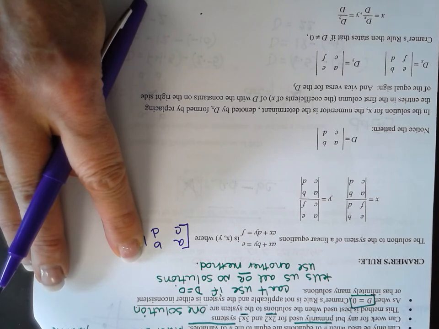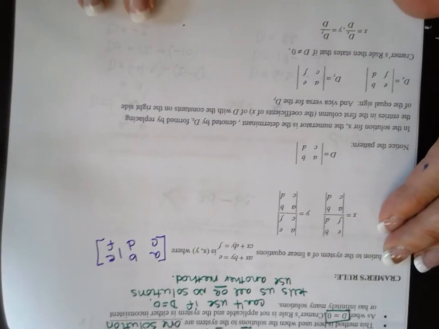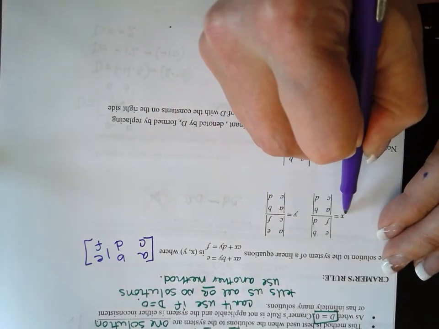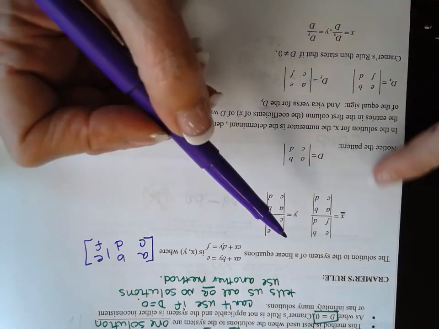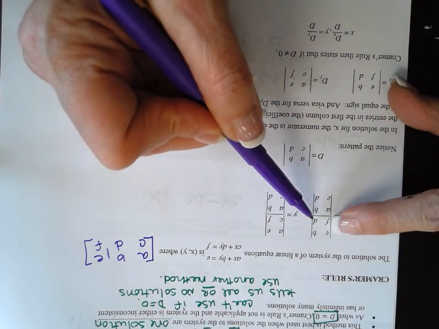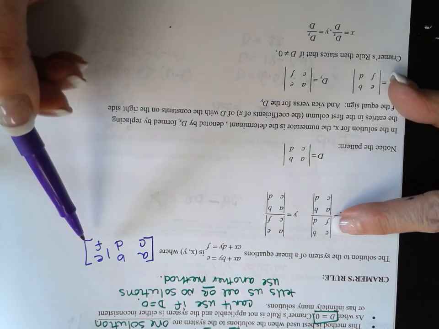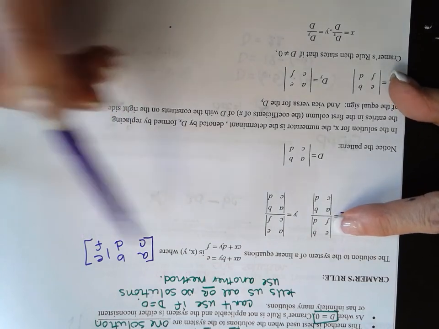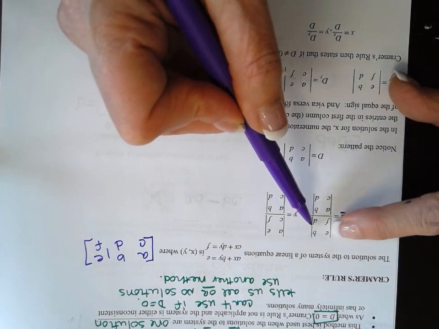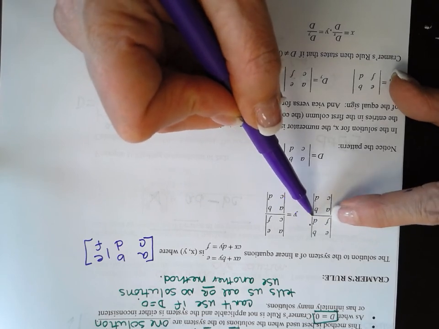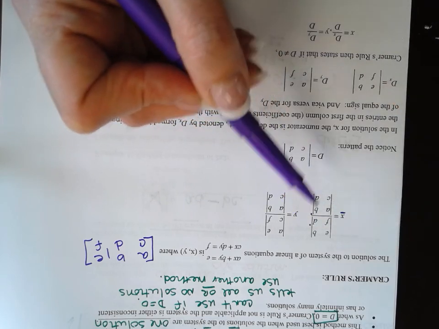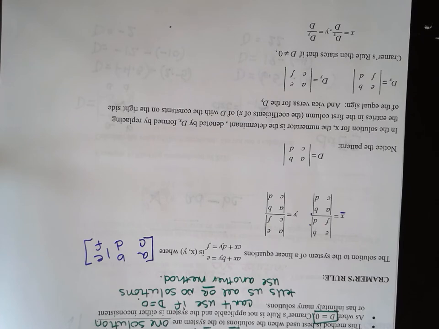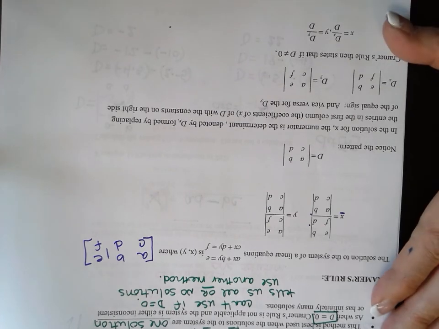That was the formula for our determinant, right? So you can calculate x by using these rows from your augmented matrix, finding the determinant of this and the determinant of the whole thing, and then dividing them.